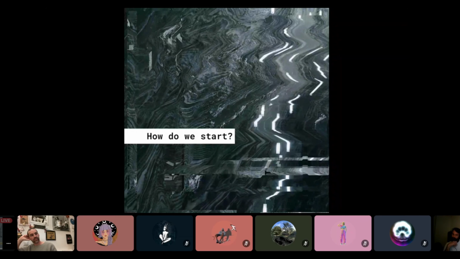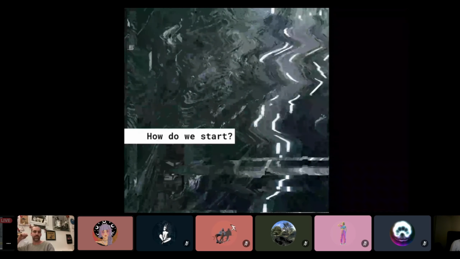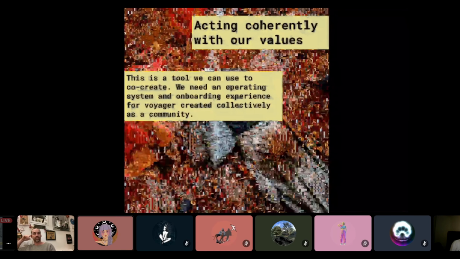And then thinking through how we actually start, we've thought through a lot of the vision or the narrative, what inspires or motivates us in creating this thing. We're very conscious that season 0 is about now really forming what Voyager is all about together collectively as a community.